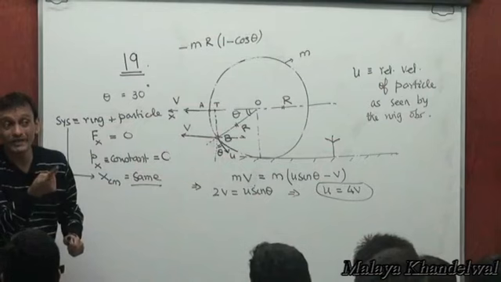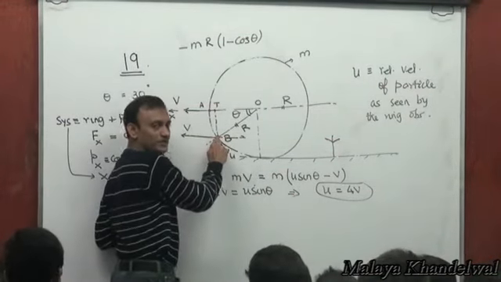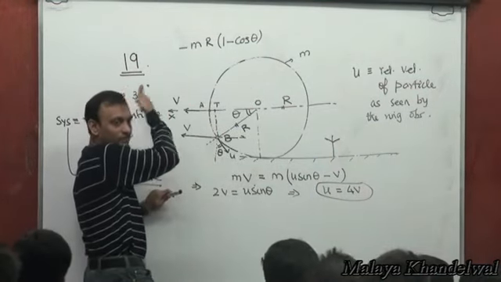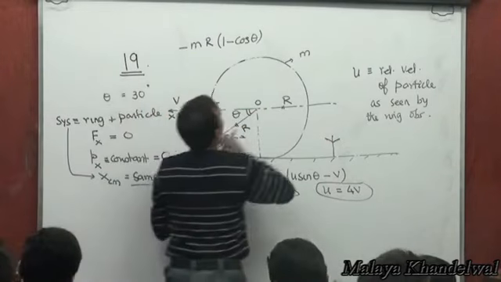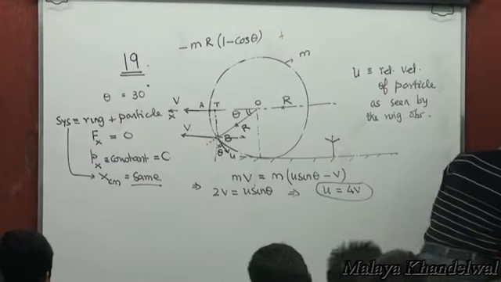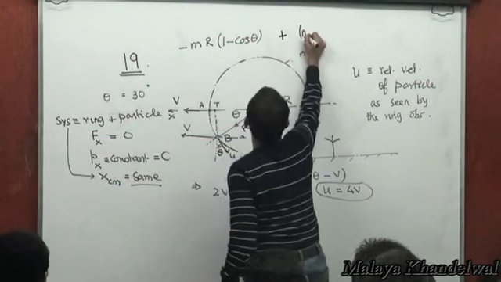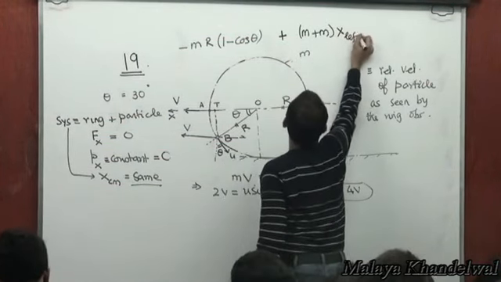What does the ring do in its turn? Let's say the particle comes and stops here. The ring, along with the particle, now moves by x units to the left. So the change that the ring plus the particle will produce to maintain the x coordinate of the center of mass is m plus m into the ring moving by x units to the left.